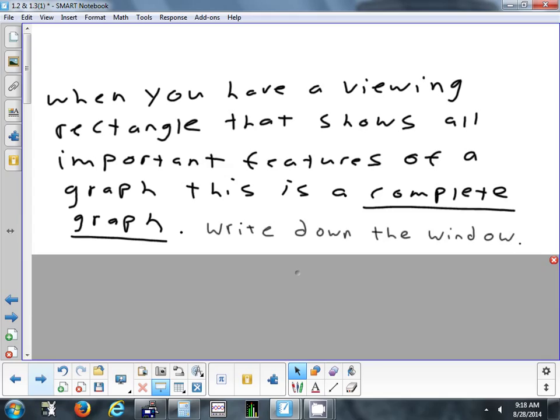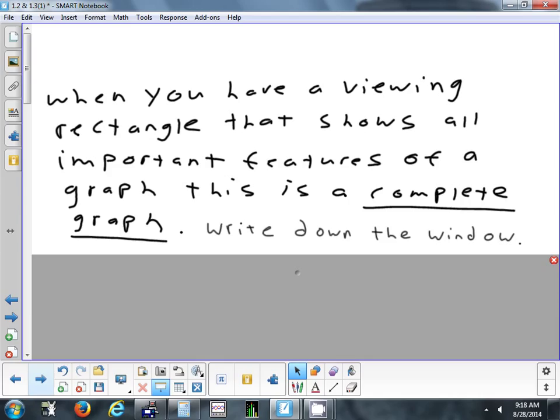Okay, when you're doing the homework, a lot of times you're going to see directions that say find a complete graph. When you have a viewing rectangle that shows all the important features you need to see, that's called a complete graph. So there's no one right answer for what your window should be.